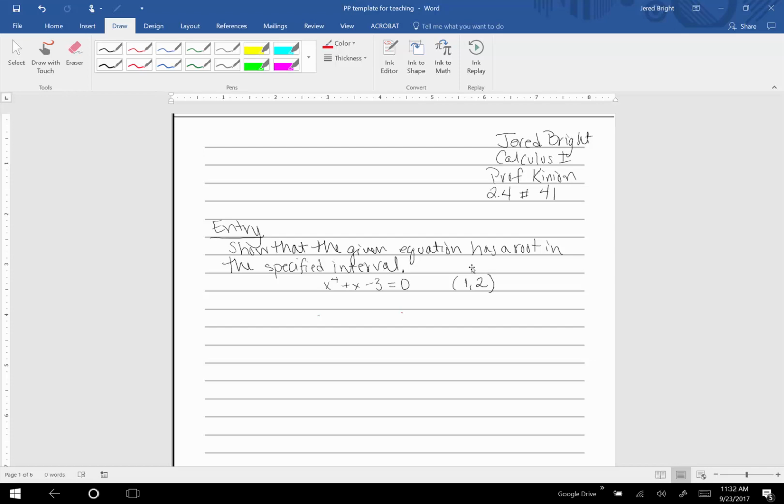The entry is already started for us, so again, recopy the original problem. For time purposes I'm not going to write out the entry with all of you, but remember that you should identify the goal of the problem and identify any additional assumptions you need.